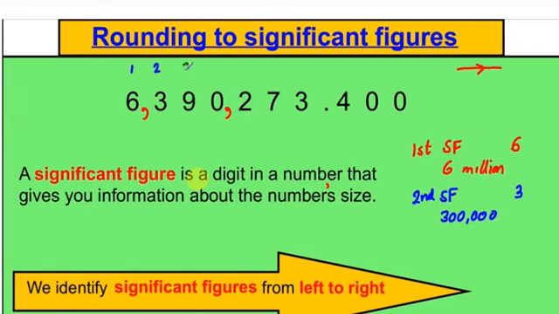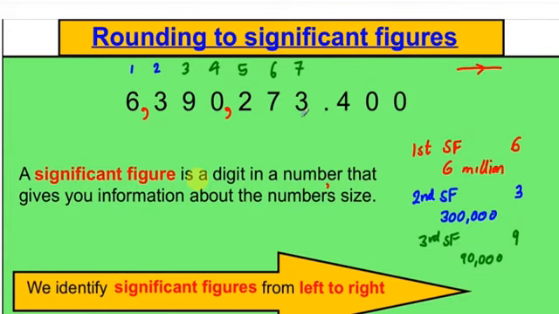The third is 9. It shows that there is a 90,000 in that number. And the fourth significant figure is 0. It simply means that there is no 1,000.